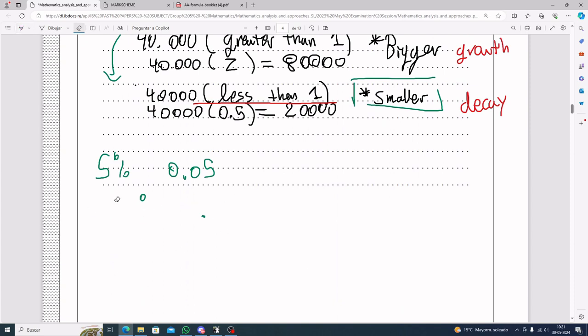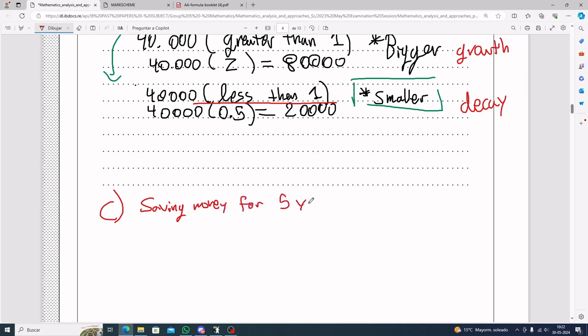So for part C, our good old friend Alvi, this is what he's doing. He is saving money for 5 years. Then buys car with money saved plus M. Okay?